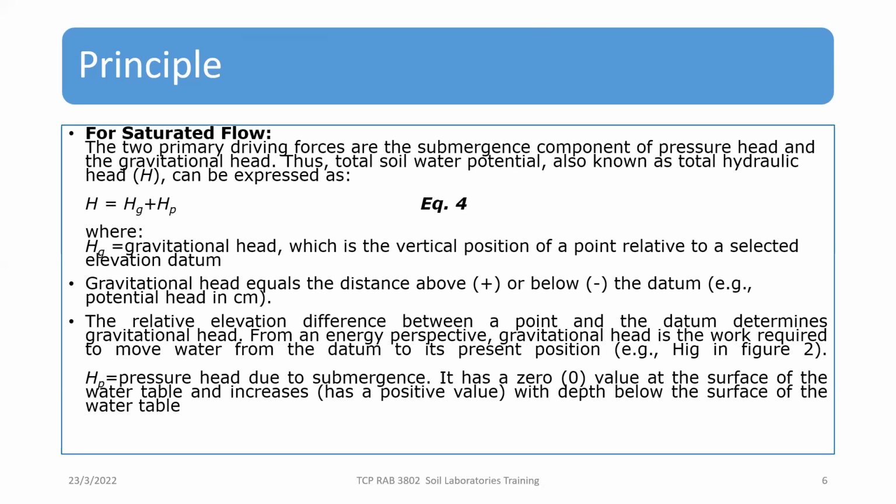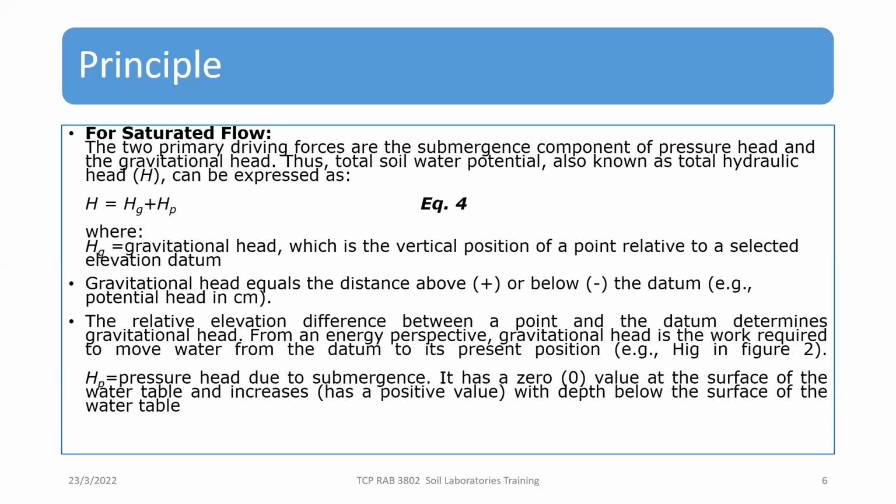For example, if you put 1 centimeter of water on the soil, this 1 centimeter of water on top of the soil will create pressure to introduce the water into the soil.